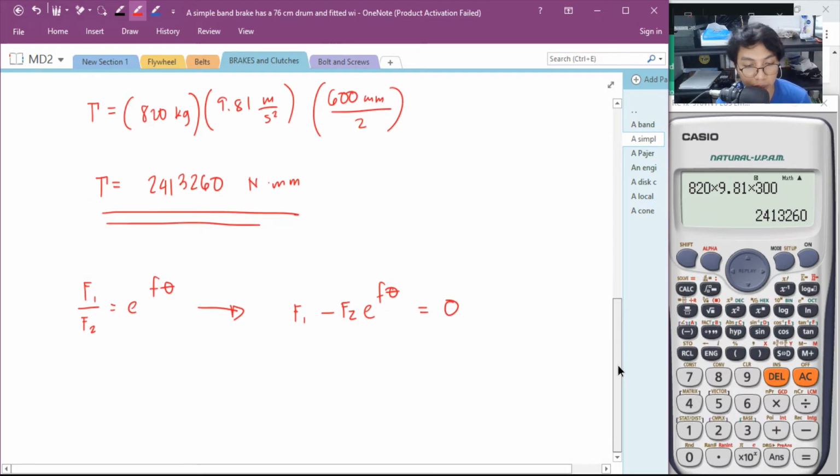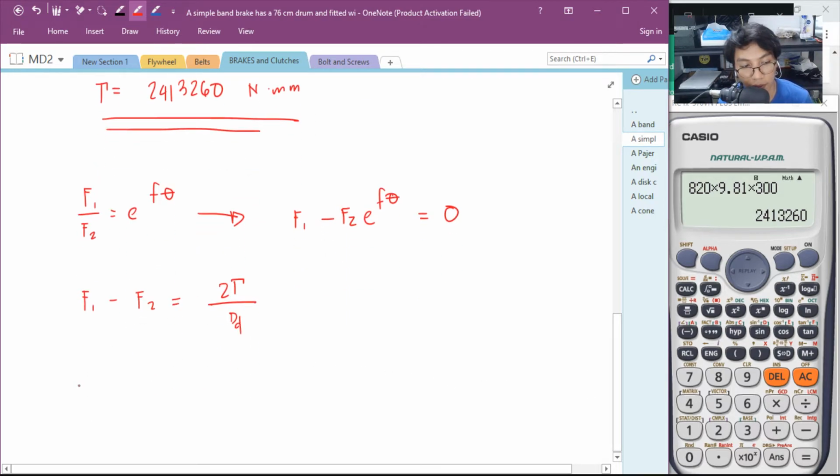Yung isa naman, lagi mong gagamitin F1 minus F2 is equal to 2 torque over diameter of the drum.